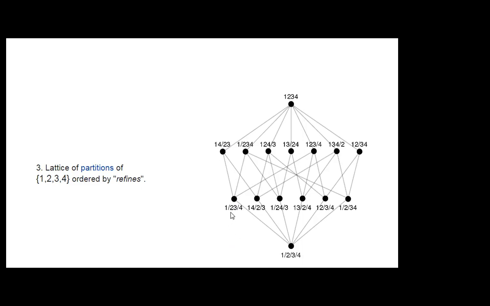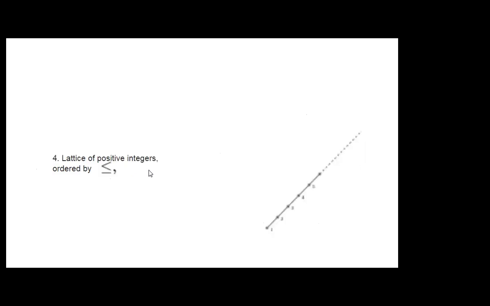Or 2, 3, 4 is there and 1 is there. Each and every element is combined in different combinations, and altogether it forms this one: 1, 2, 3, 4. It is an example of a lattice.